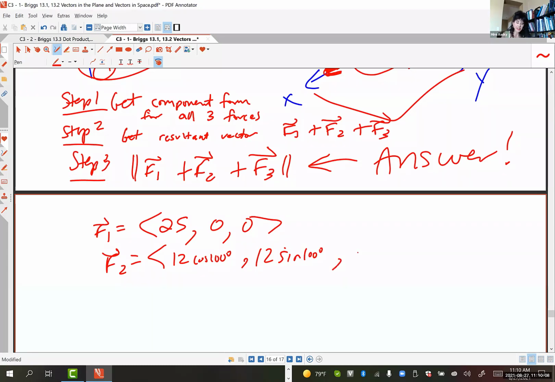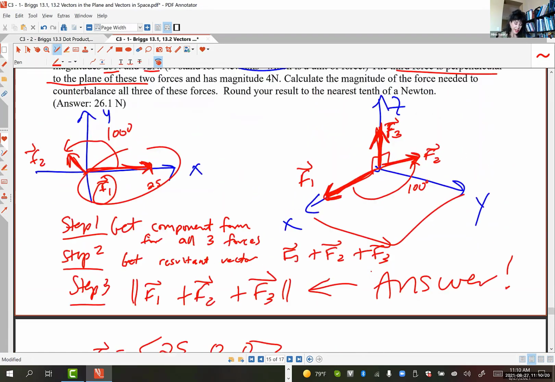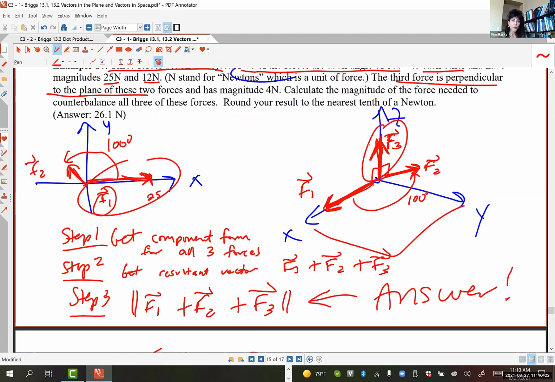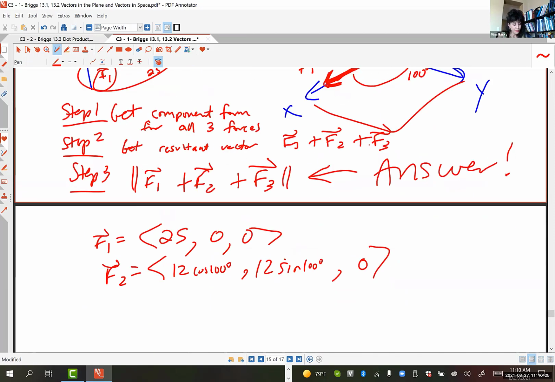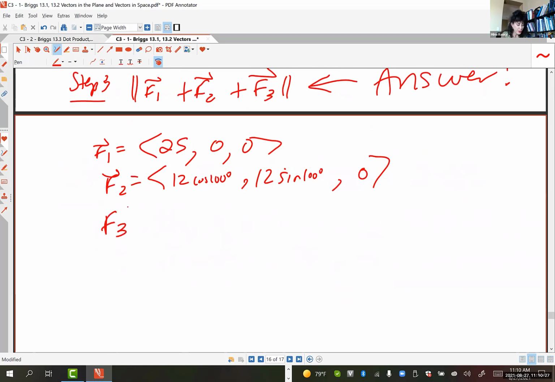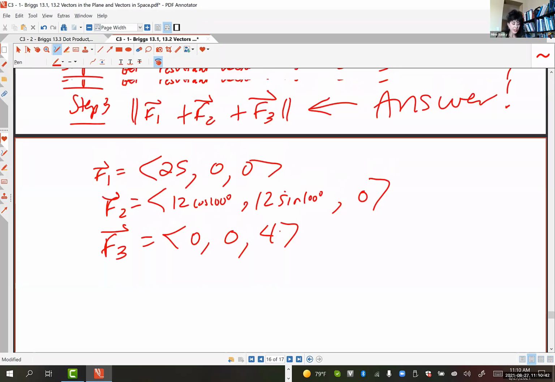Because he is in the xy coordinate plane, it's understood that his z component is zeroed out. You get that for free. Finally, F3 is parallel to the z-axis, so his x and y components are zeroed out, and he'll just get the 4, because that's how his length is pointing in the z-axis direction. So now we have everybody in component form.